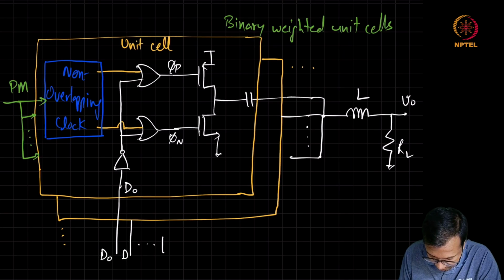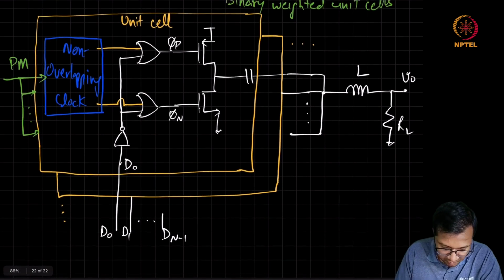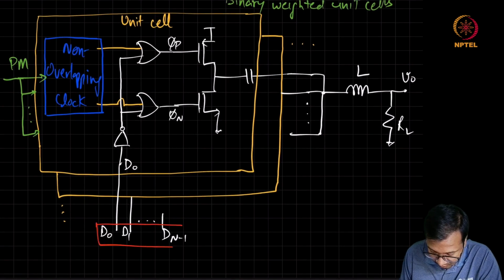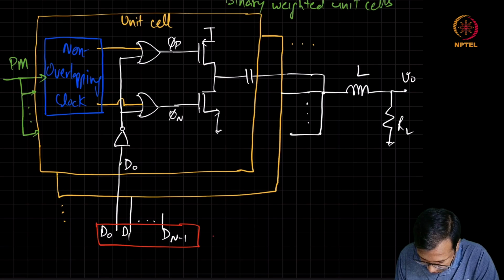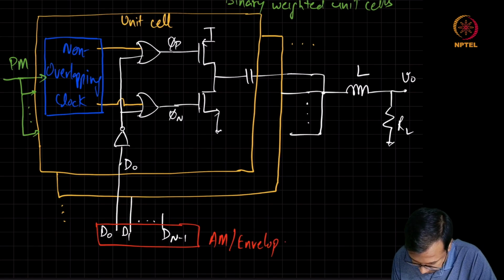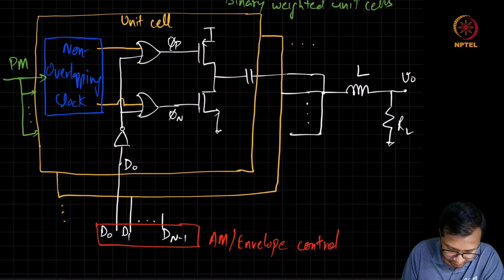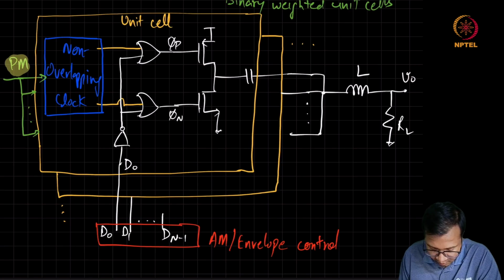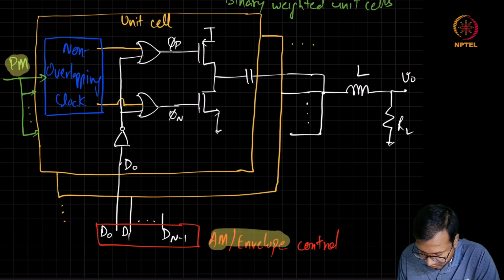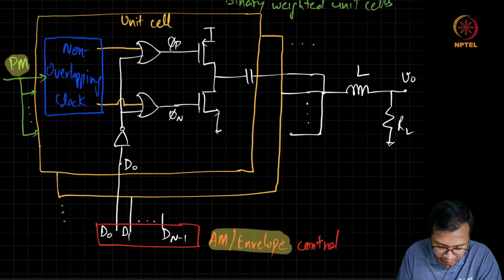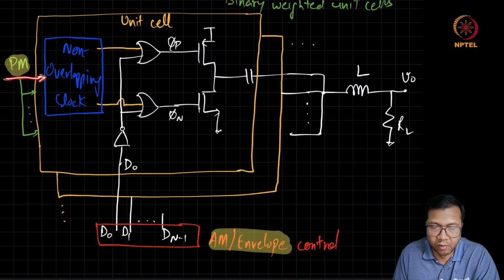And D0, D1, D n-1, this is our AM or envelope control, whereas the PM signal is directly fed to all the unit cells.